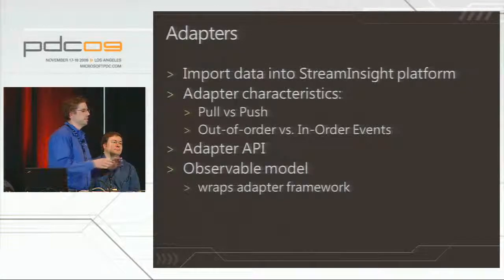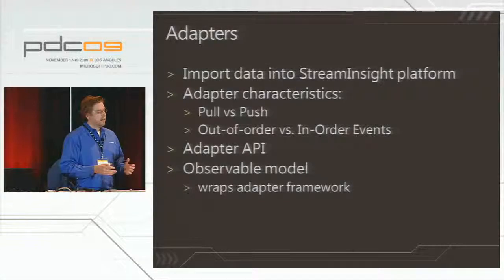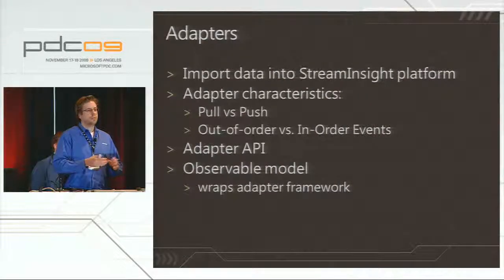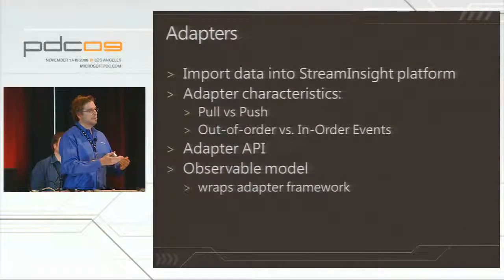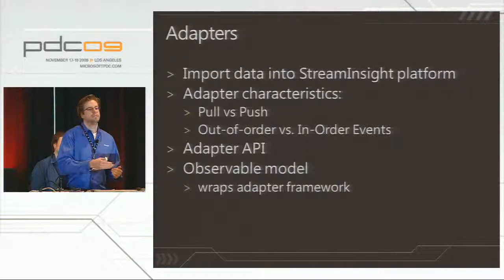So it's a nice, clean model. If you don't need total control over event issuing behavior, if you can model your event source as an IEnumerable, you can basically instantiate such an event source within one or two lines of code and then write your query against that.